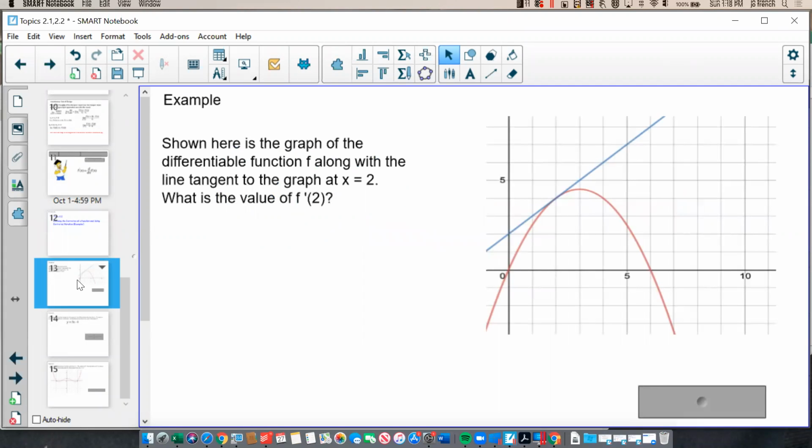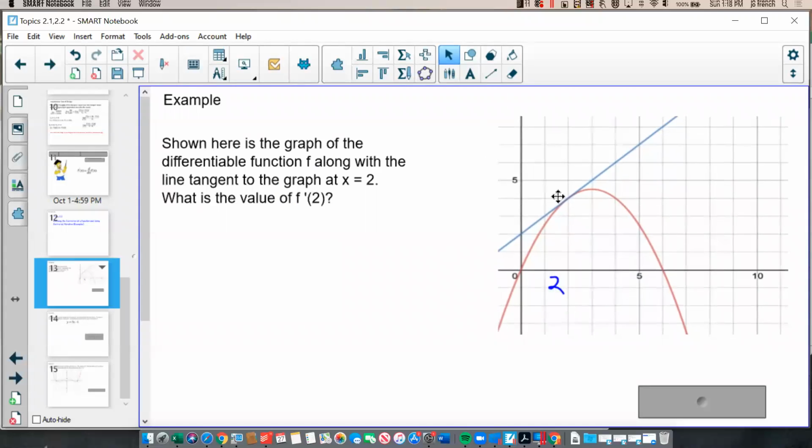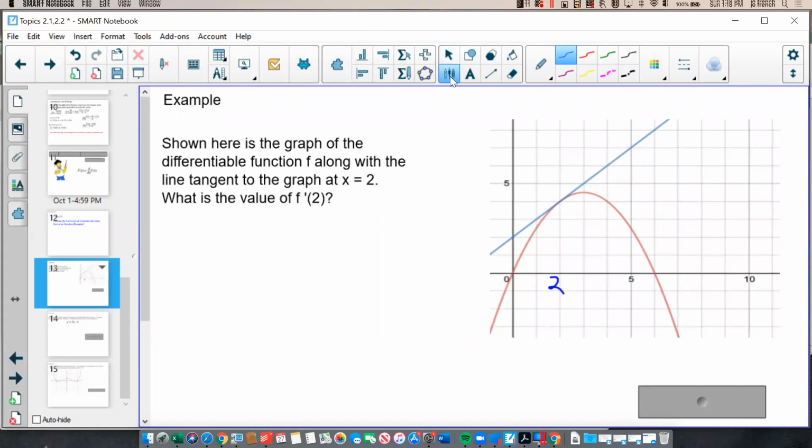First of all, we're given a graph, and shown here is the graph of a differentiable function f, along with the line tangent to the graph at x equals 2. So here's x equals 2. Here is the line tangent to the graph at x equals 2, right there. And we want to know the value of f prime of 2.